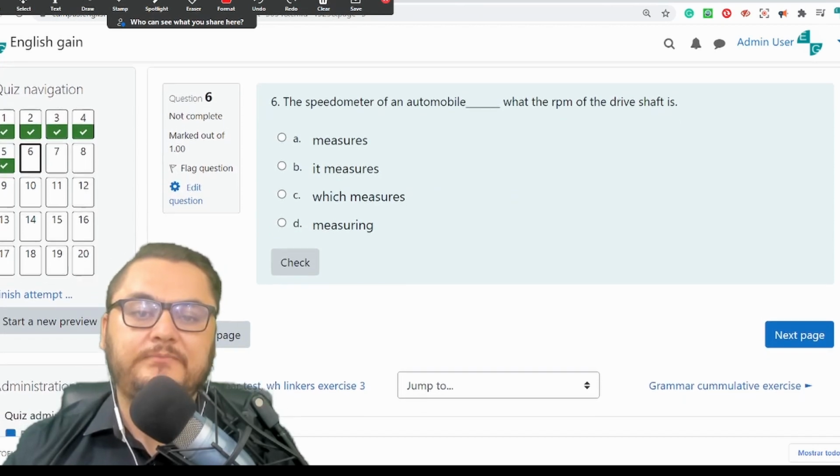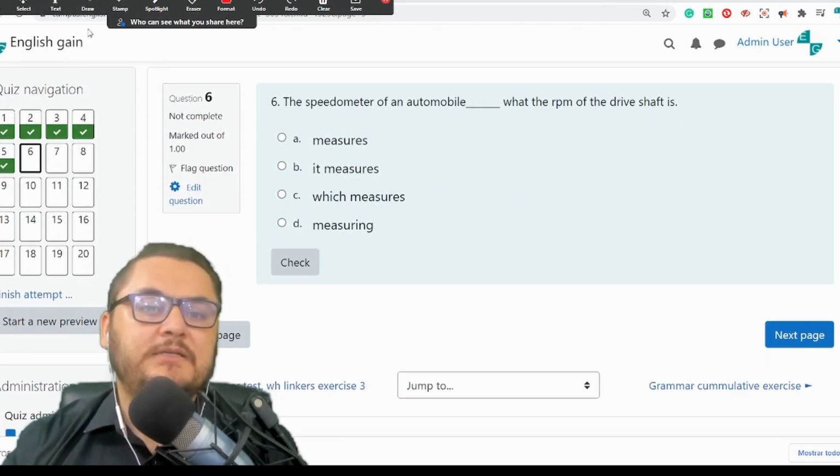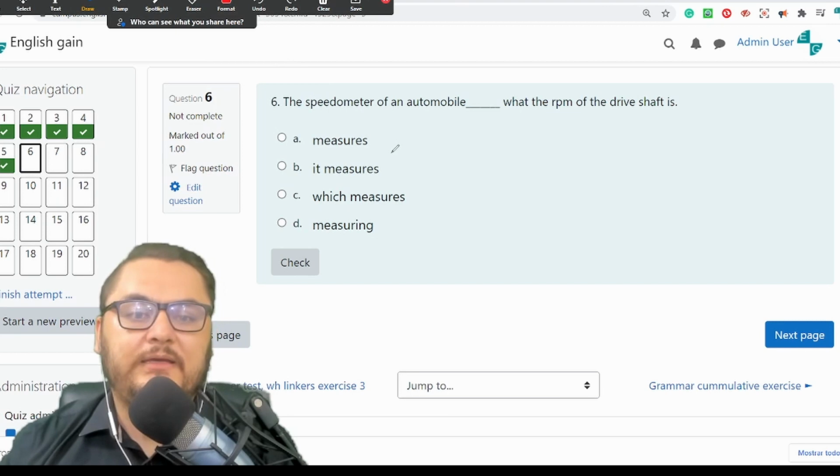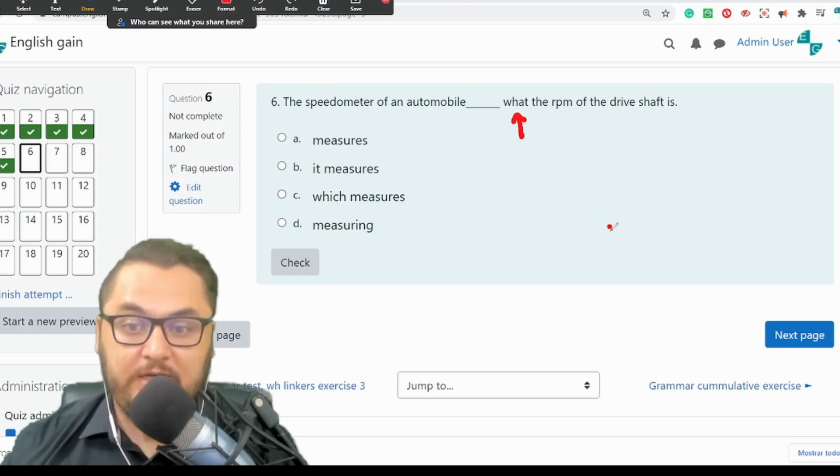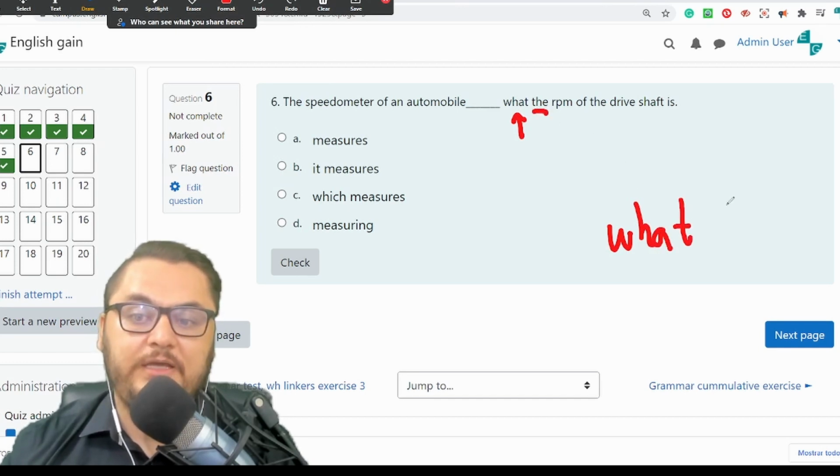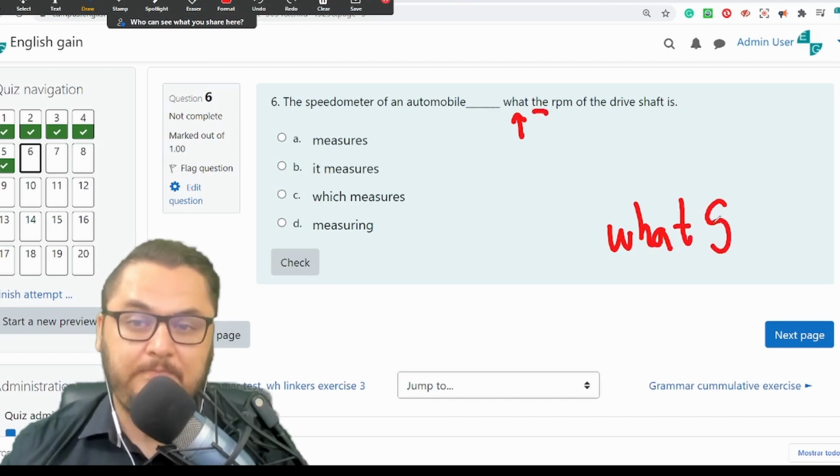Okay, now in this exercise, I can tell that here is a linker, a connector. What? This the is the way to start a subject. This is a preposition. And here we have a verb.